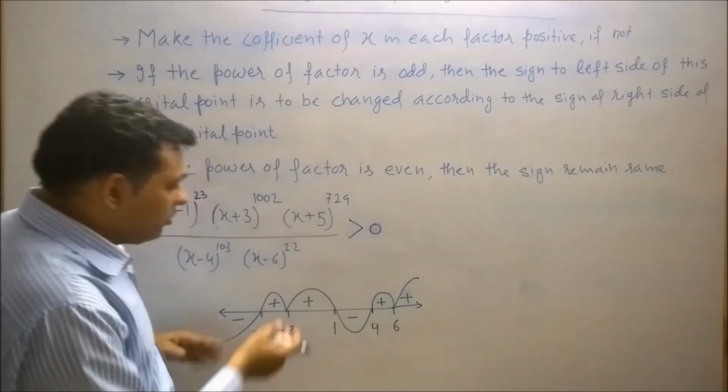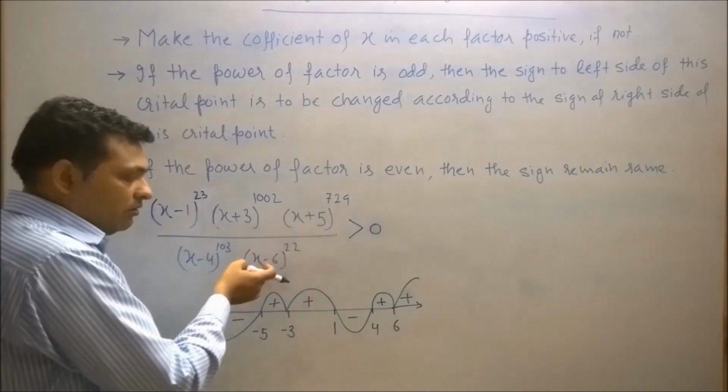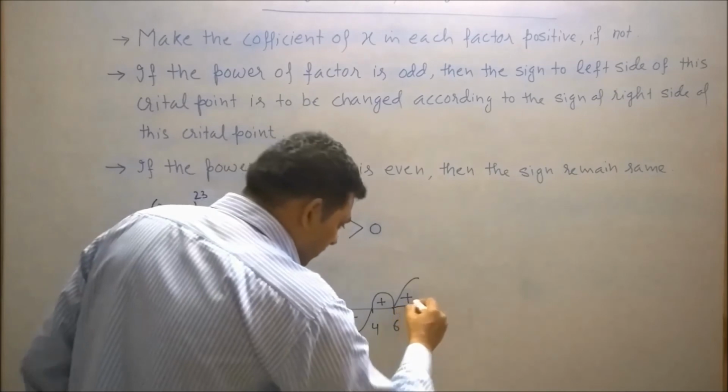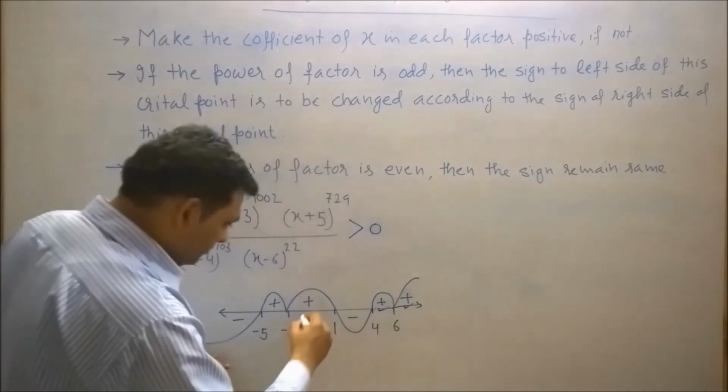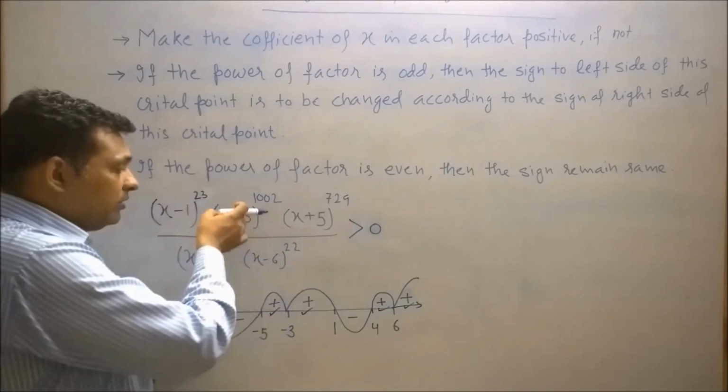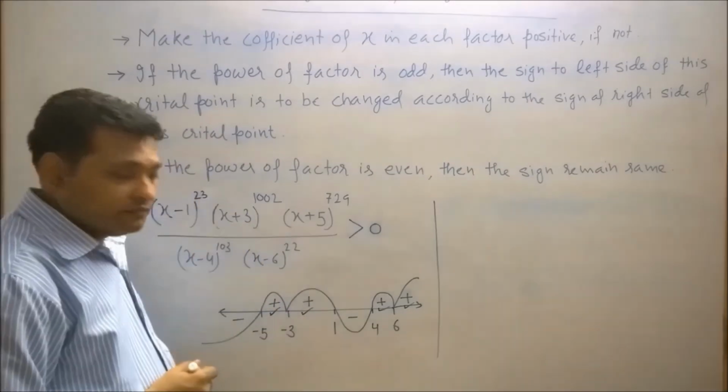Now our requirement is the left hand side of this inequality will be greater than 0. It means this interval, this interval, this interval, and this interval will satisfy the given inequality.